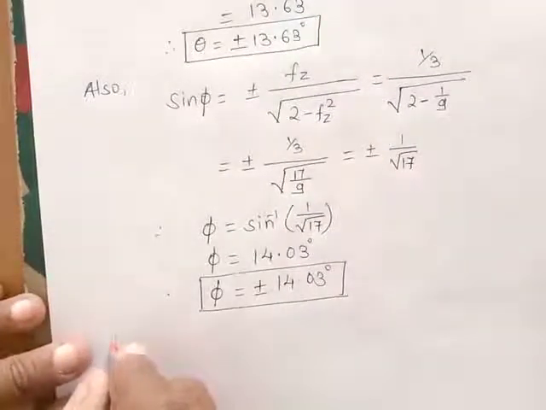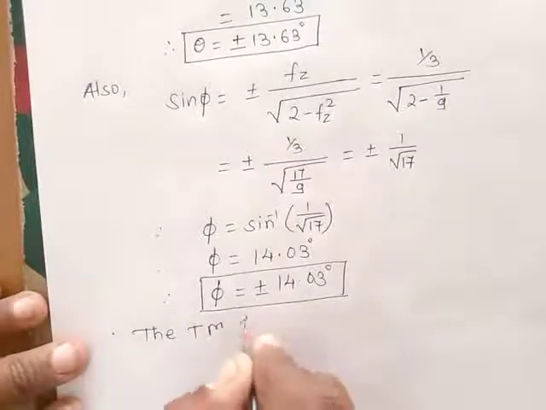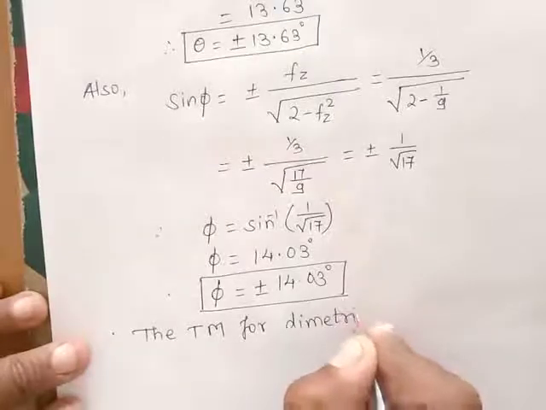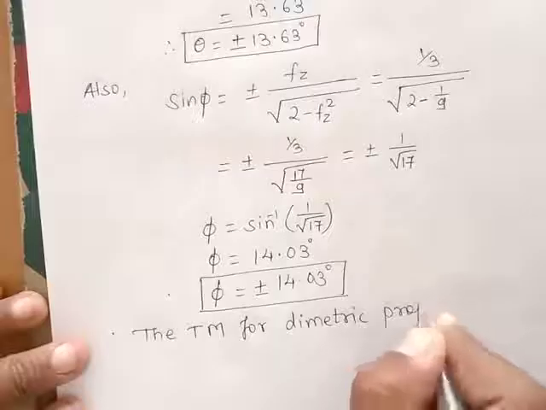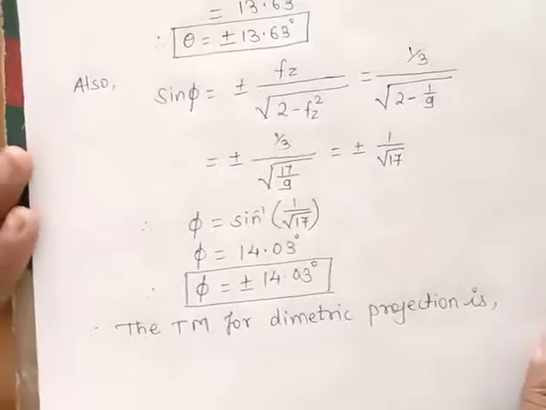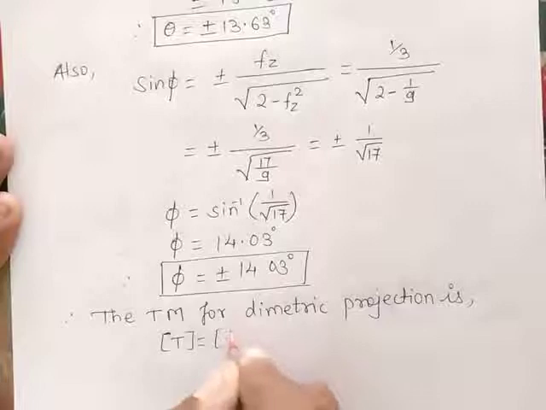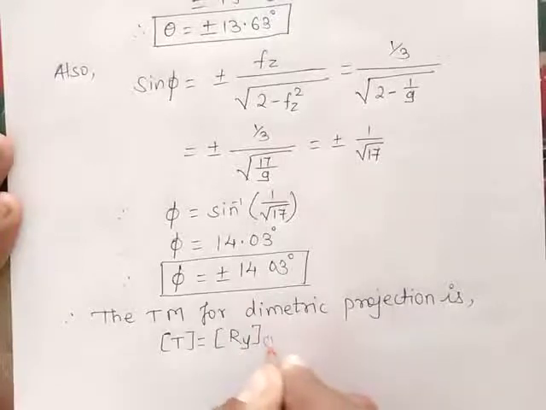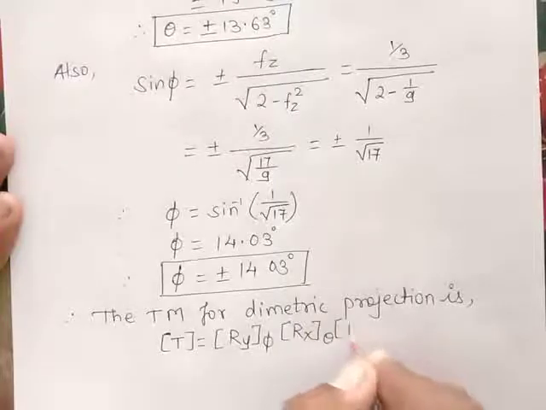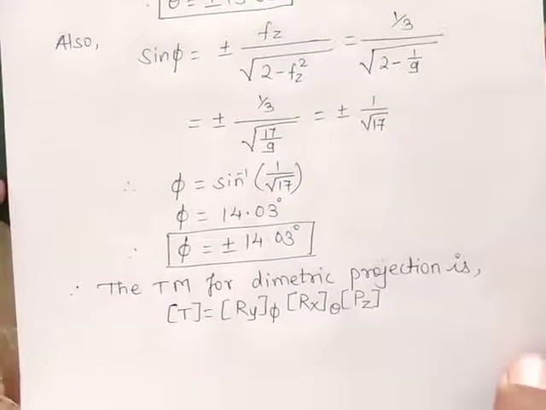Therefore the transformation matrix for diametric projection is, that matrix is what? T. T is rotation about y-axis through an angle phi, rotation about x-axis through an angle theta, and orthographic projection on z equal to 0 plane, right?